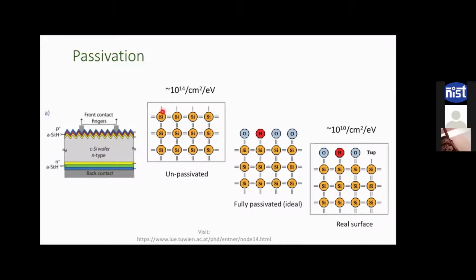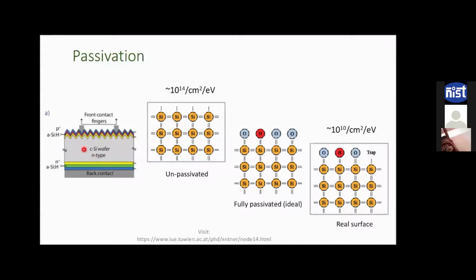How to saturate these bonds? As we have seen, there is a lone pair electron associated with the surface atoms. If by any means you can make this silicon surface atom form a bond with any other atom, then they form a stable bond. Now, how to do that?